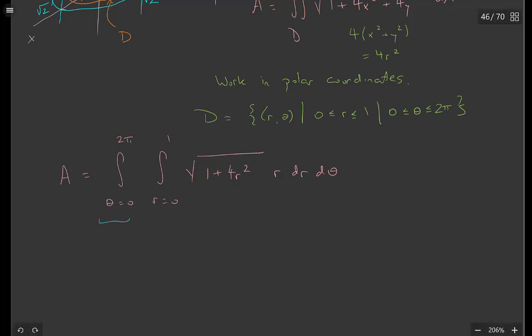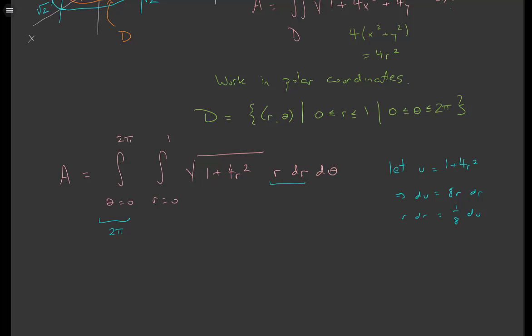So the integral over theta is just going to end up giving me a 2 pi. For the integral over r, I'm going to make the substitution, let u equal 1 plus 4r squared, which gives me du is equal to 8r dr, which is convenient because I've got this r dr here, and so I'll replace that r dr with 1/8 du.